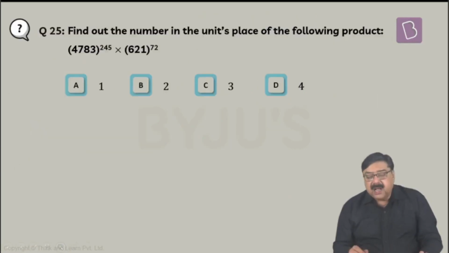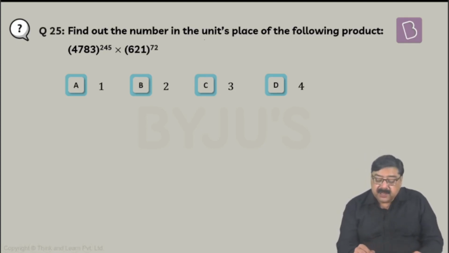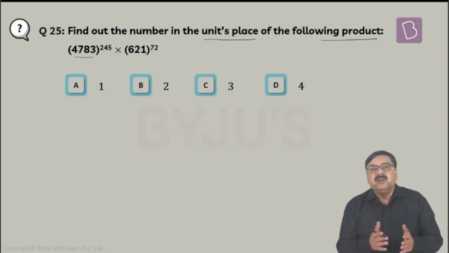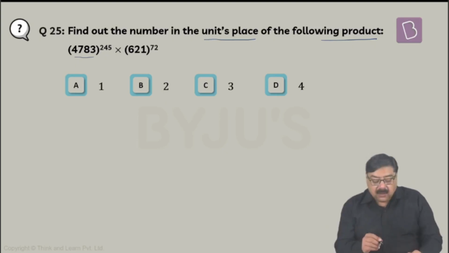Now, where and how to use this information or this concept of cyclicity? In this question, find out the number in the units place of the following product, that is 4783 raised to 245 into 621 raised to 72. Quite a huge product. Obviously, you're not supposed to calculate it. Now, we want the number in the units place.